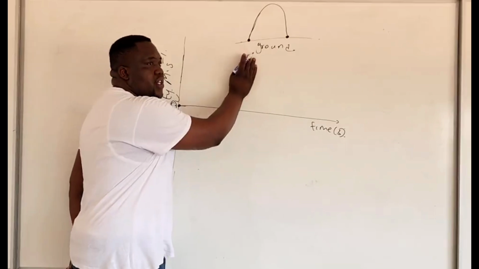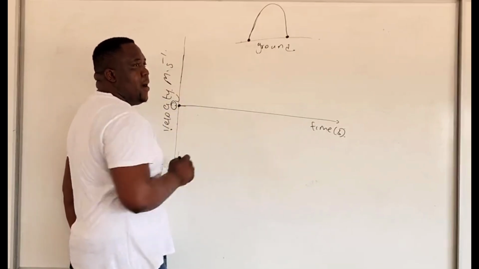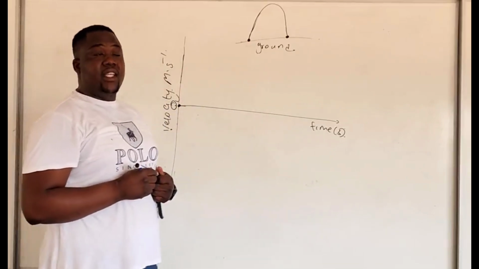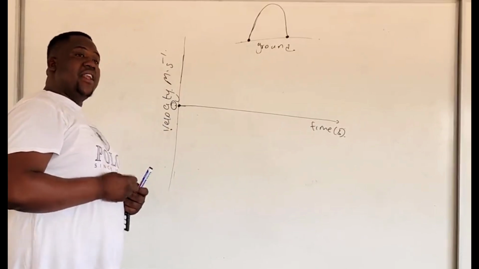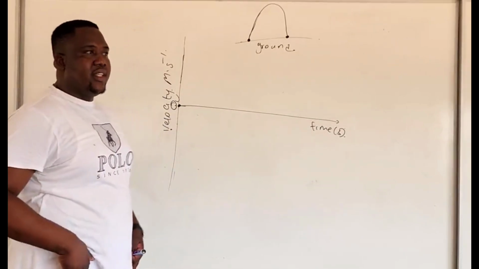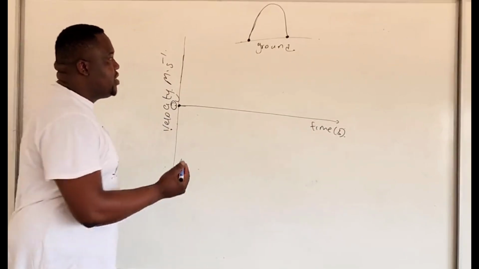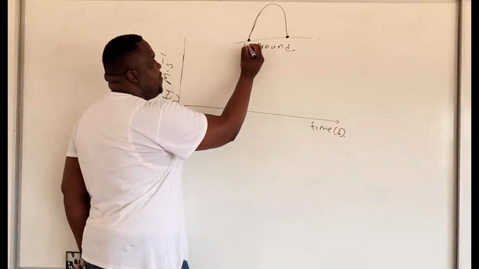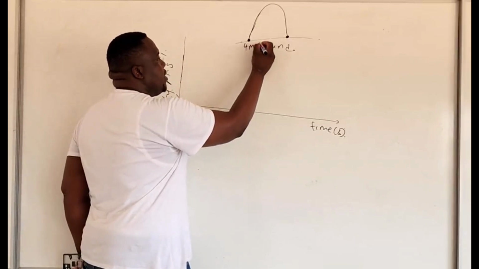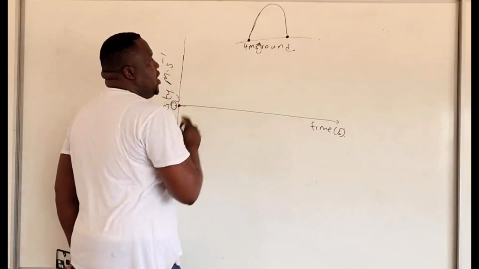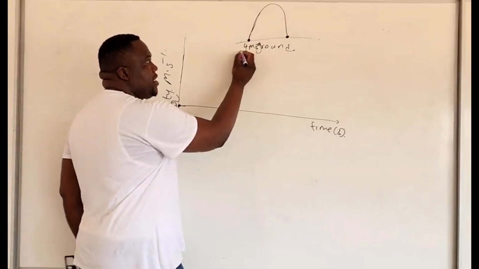So here is the situation. A ball is projected up. When something is projected, it means that it is given an initial velocity which is not zero. So let's say a ball is projected up at 4 meters per second.